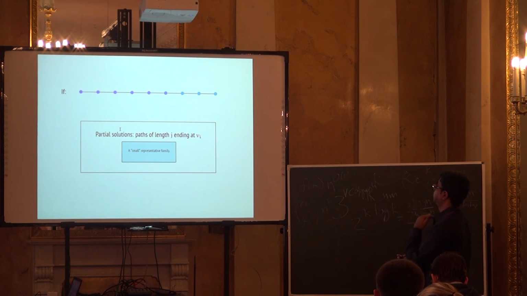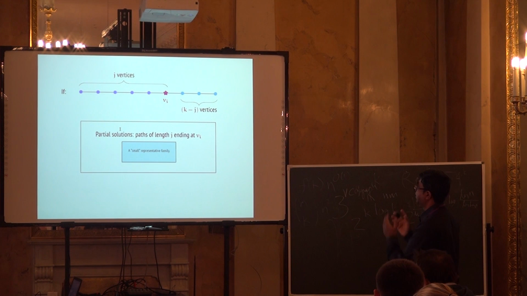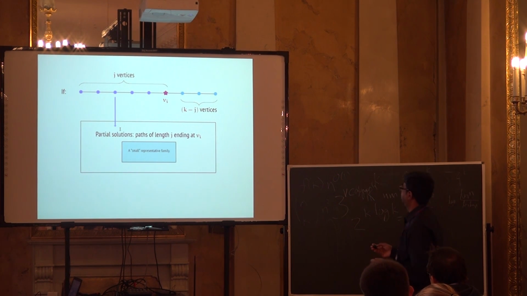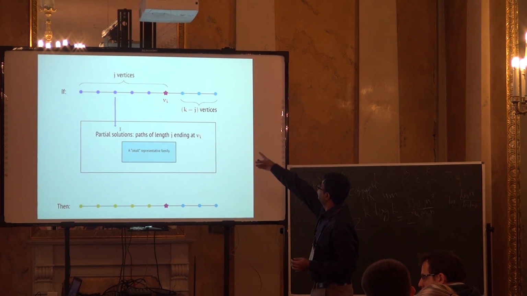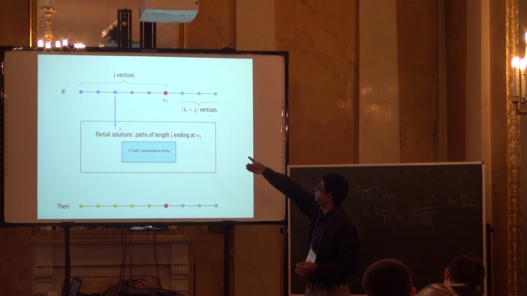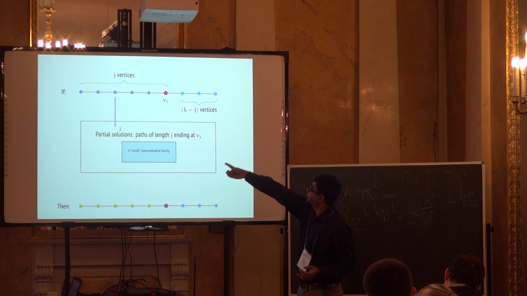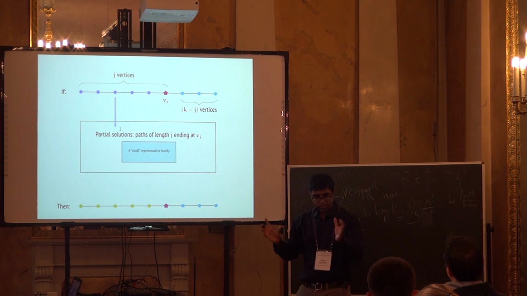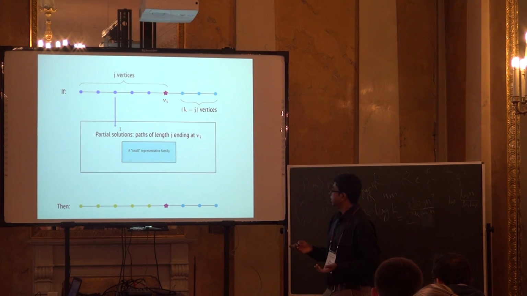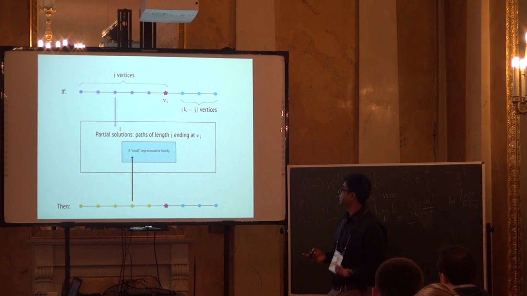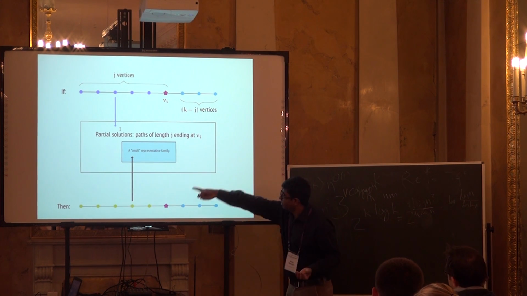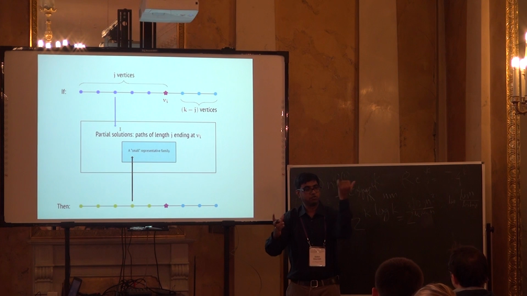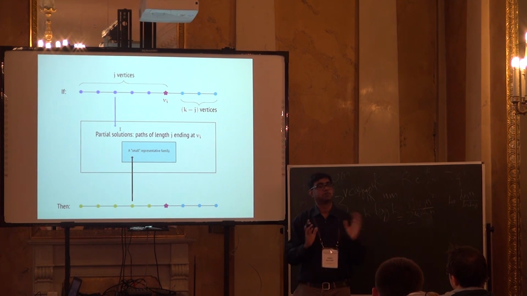If I have a path like this, ending at some vi, with the first j vertices and then k minus j more vertices, and you have some k minus j vertices for which I have a partial solution in the bigger set, meaning I can patch them and get a path, then what I want is that in my smaller set I also have a path such that you can take these two, patch them, and get a path of length k. That is my whole goal.